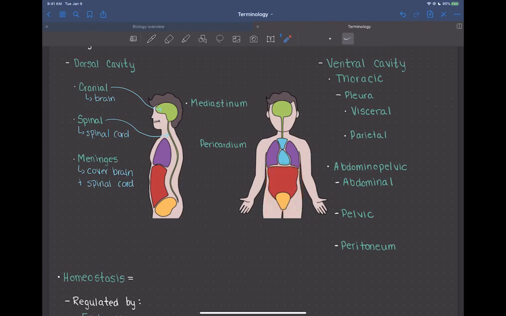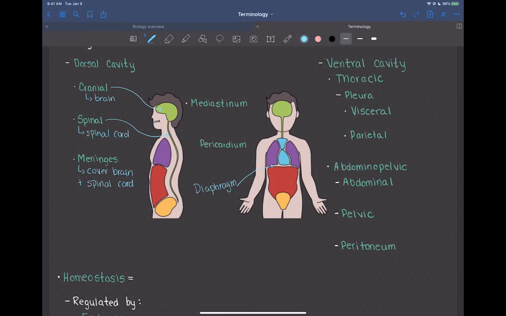These two are divided by the diaphragm. So we'll add this in here, this would be where the diaphragm is located. And that is going to divide that thoracic cavity above from the abdominopelvic cavity below.